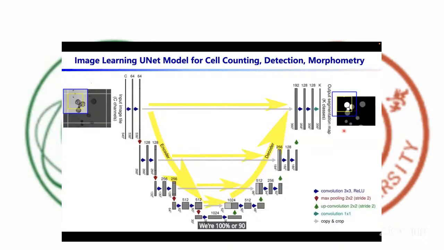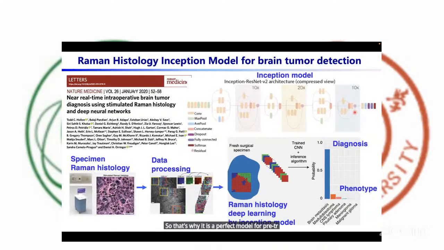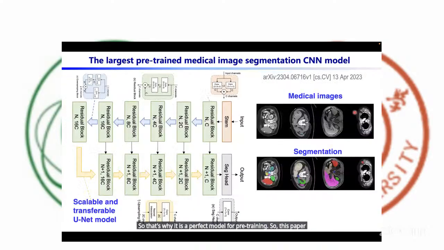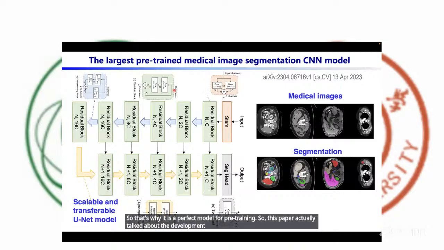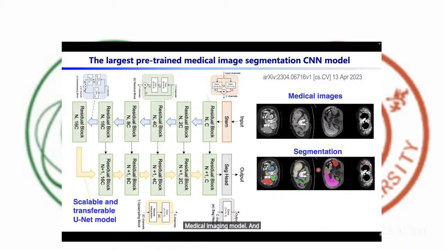That's why it is a perfect model for pre-training. This paper talked about developing a pre-trained medical imaging model, and then using a smaller set of annotated data to see if it can actually do image segmentation.